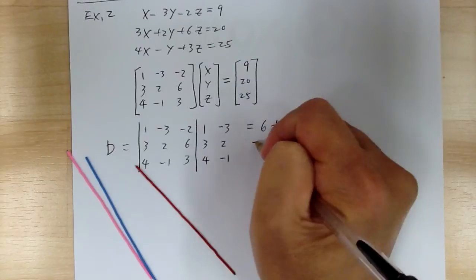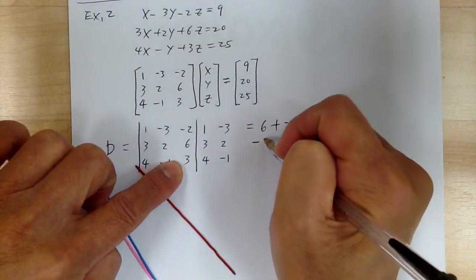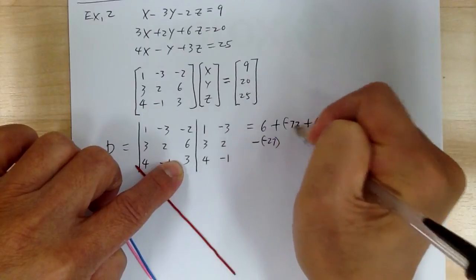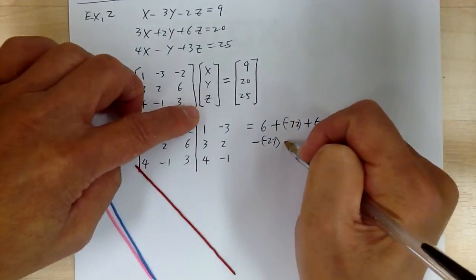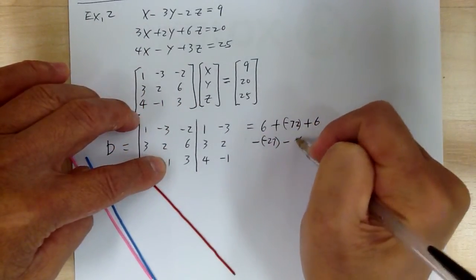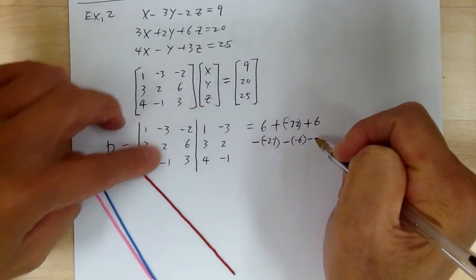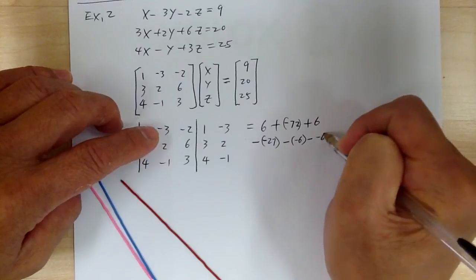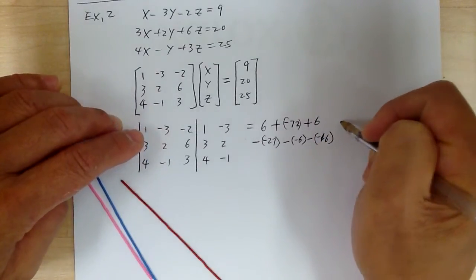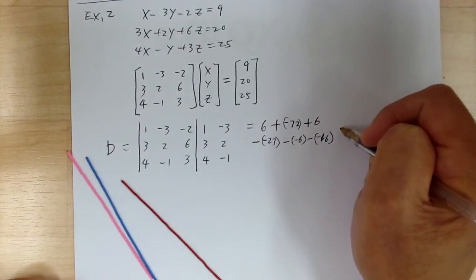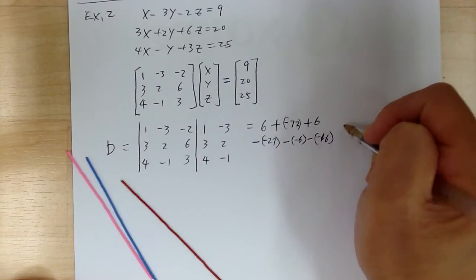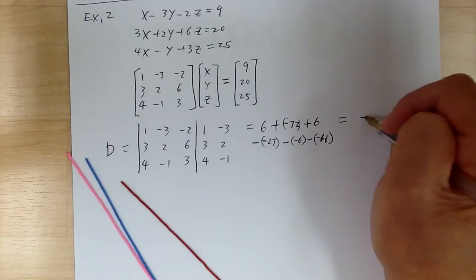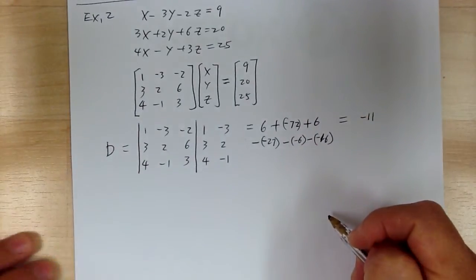Then I'm going to put a minus for these diagonals: minus negative 27, minus negative 6, minus negative 16. When you do all these on your calculator and add everything, you get negative 11. So that's D.